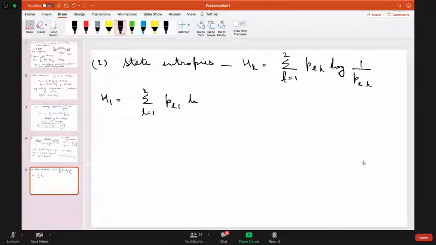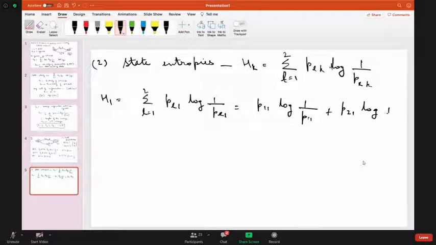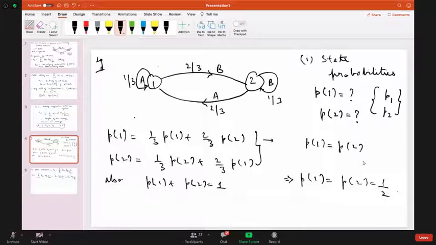PL1 log 1 over PL1, which will be P11 log P11 plus it will be P21 log 1 over P21. So if you look at the model, P11 is this quantity and this quantity here is P21 because it's the probability of reaching state 2 when the state initially was 1.